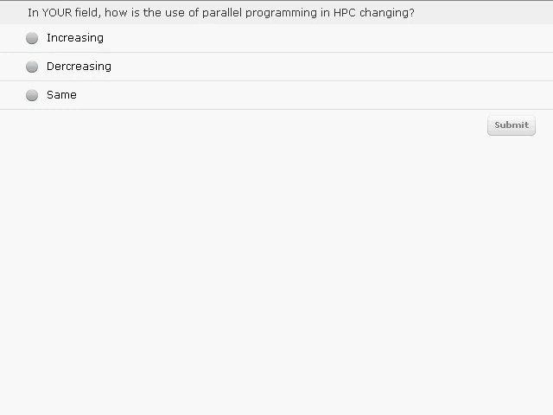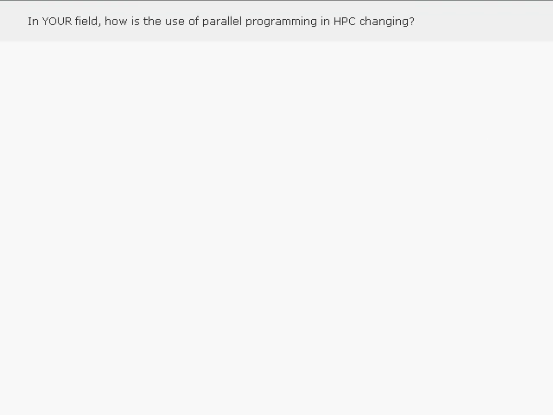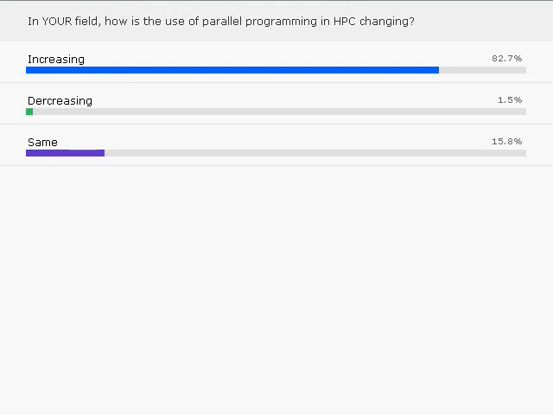Okay. Well, that was great to see that almost nobody sees it decreasing, and most people see it increasing. That's sort of what we expected.